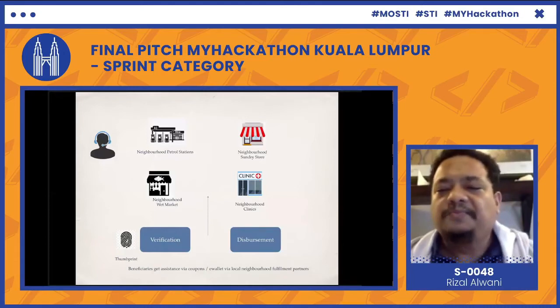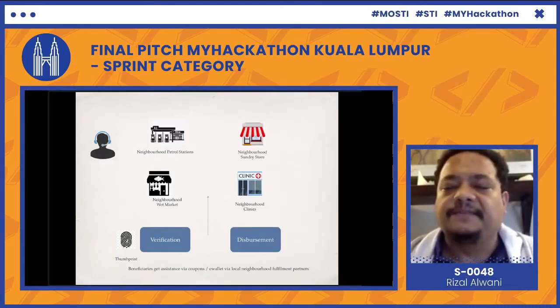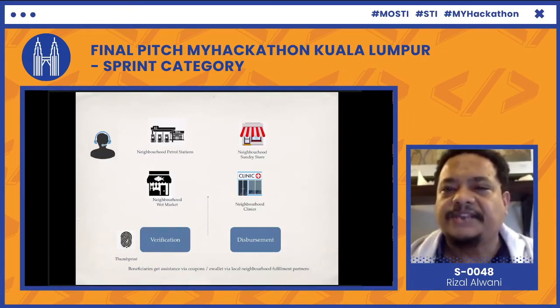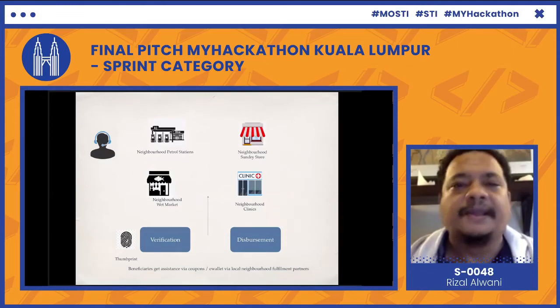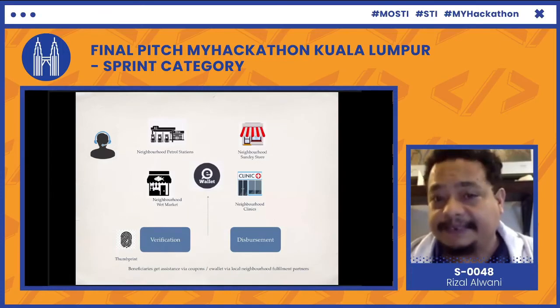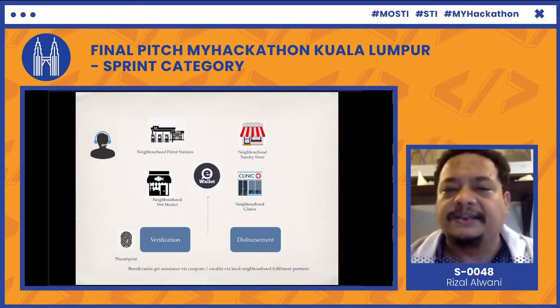You will also be able to utilize the fulfillment centers to disburse goods, and basically they can exchange their coupons for sundry goods, buy petrol, or even visit the clinic. Or if they want to dispense cash, we can do it via e-wallet.